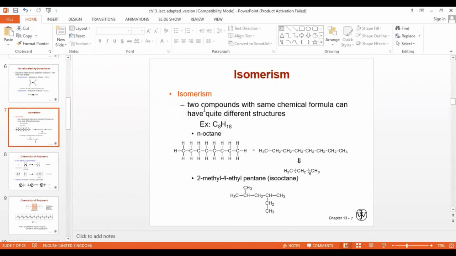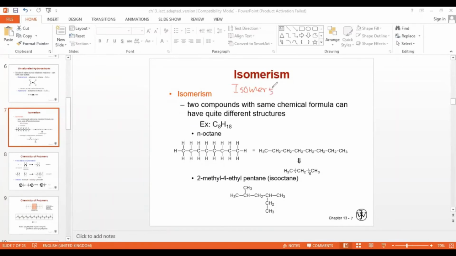Isomerism means two compounds with the same chemical formula can have quite different structures. These are called isomers, right? So isomers have the same formula but differ in structure.